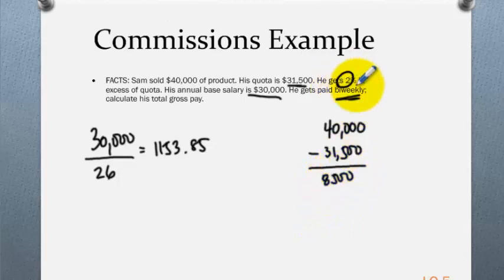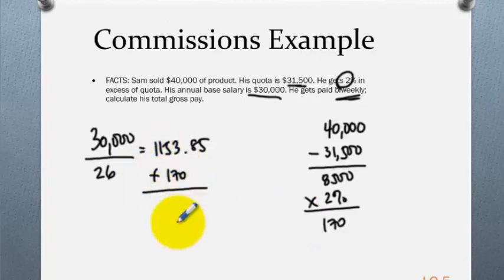Then he gets a 2% commission on what he makes over his quota. So 8,500 times 2%, and he has a commission of $170. I add that $170 to his normal pay, and so the paycheck he'll get is for $1,323.85 gross.